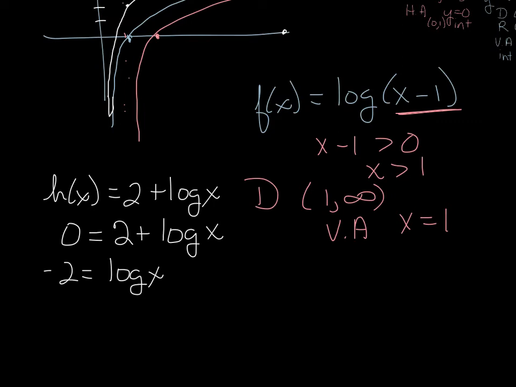So it's going to be 10 to the negative 2 equals x. So my x-intercept is 1/100th. See, I didn't graph it exactly right, but it would be real close to the y-axis.